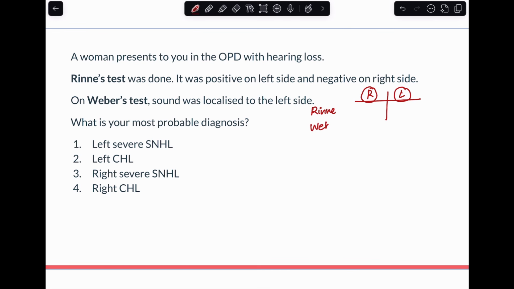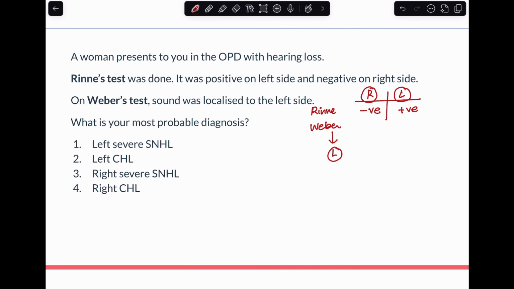So we have Rinne and then we have Weber. We found out that Rinne is negative on the right side and positive on the left side. And for Weber, we found that it has localized to the left side. So these are the findings that we have over here. Now from this, we have to infer which one of the options given here is our diagnosis.